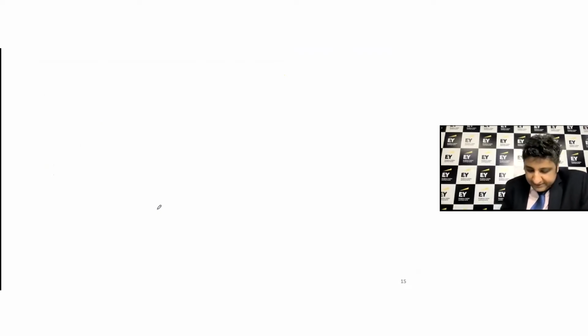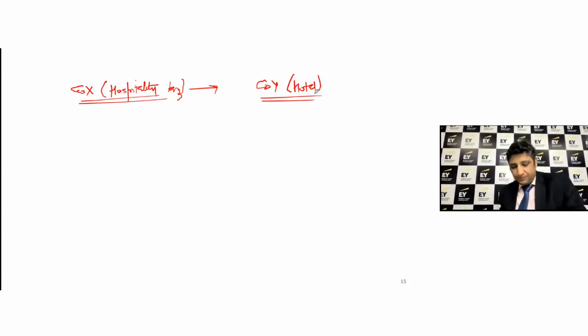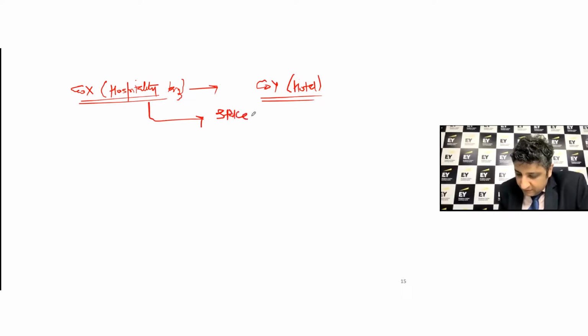Let's say there's a company X which is into the hospitality business. There's another company, Y, which is again operating a hotel. Company X acquires a stake in company Y. Now, what is company Y all about?